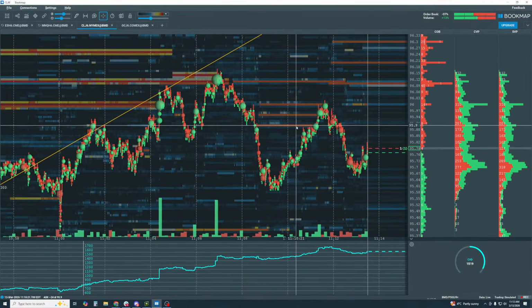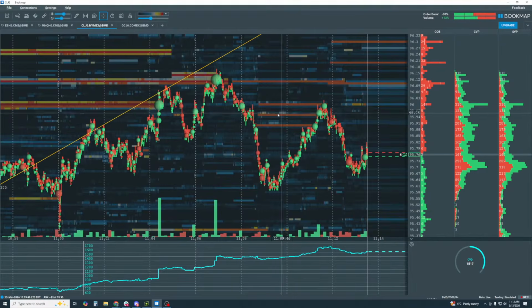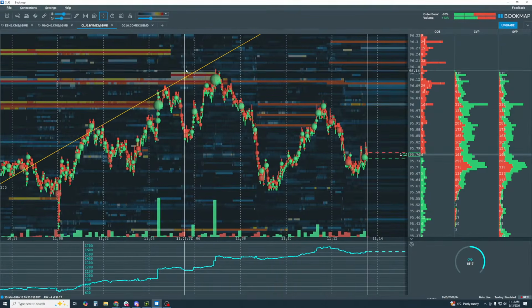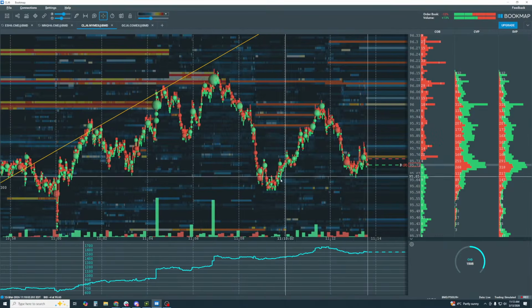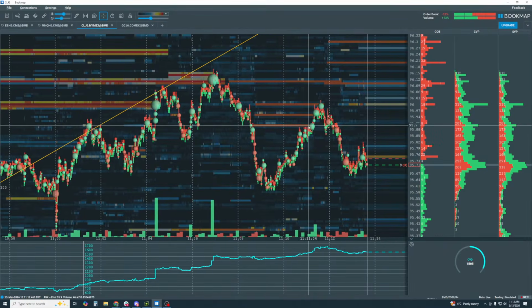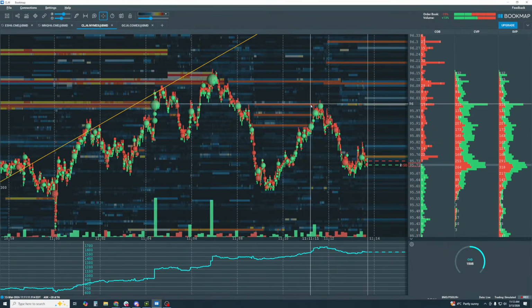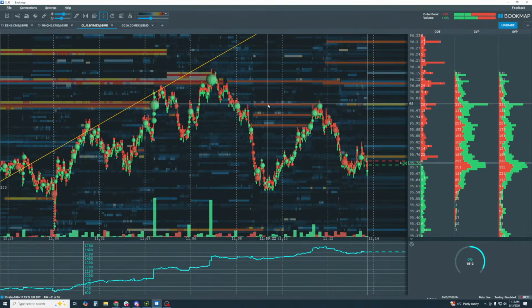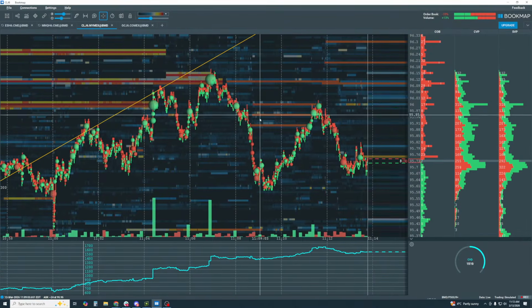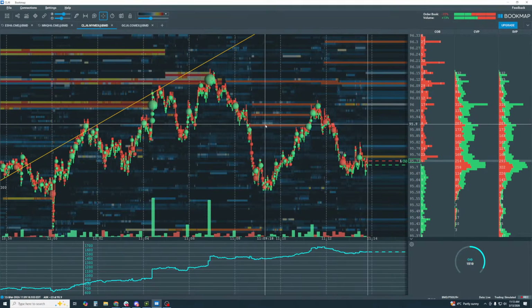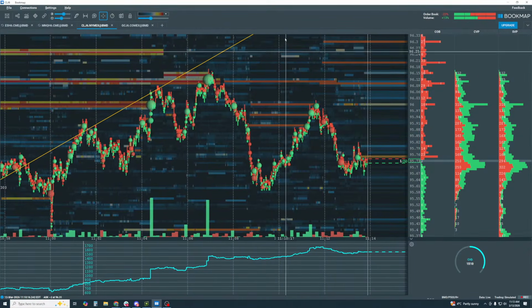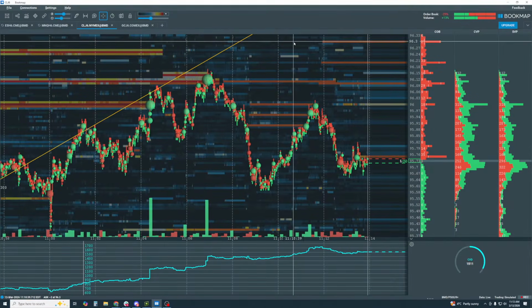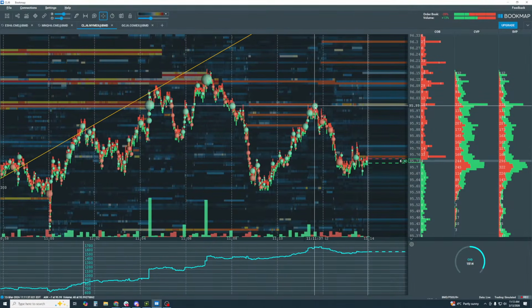So let's see if we get down to that. And look at this up here. First off, we have high liquidity getting filled on the offer up in here. Look at this. We're seeing more buyers come back in, but there's high liquidity. At a lower level in here, I would not be looking for a continuation pattern. I would look for this kind of liquidity up above not getting filled.